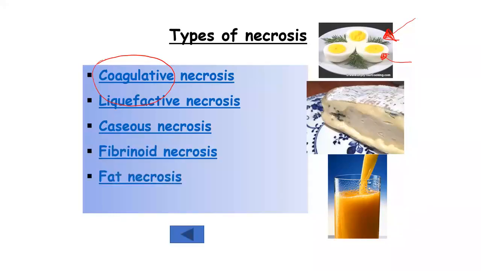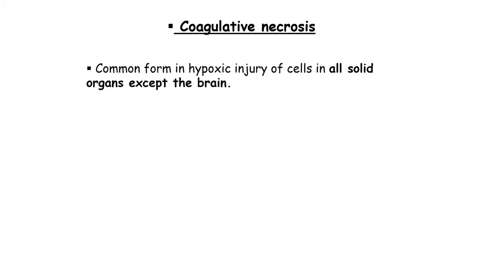Caseous necrosis, where the necrotic area looks like cheese, so it is called caseous. Then we have fibrinoid necrosis and fat necrosis. These are the five types. Lastly, we have gangrene, which means necrosis followed by putrefaction. In some textbooks it is called gangrenous necrosis, and in others just gangrene.